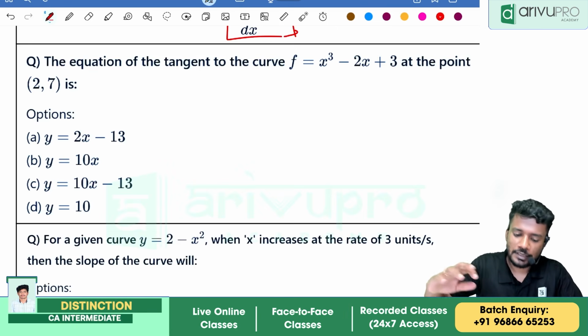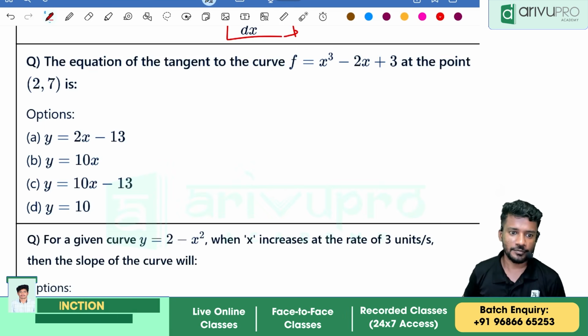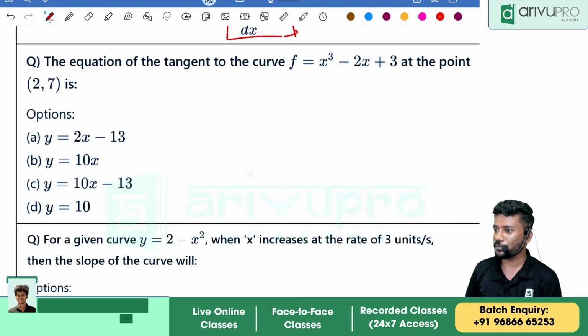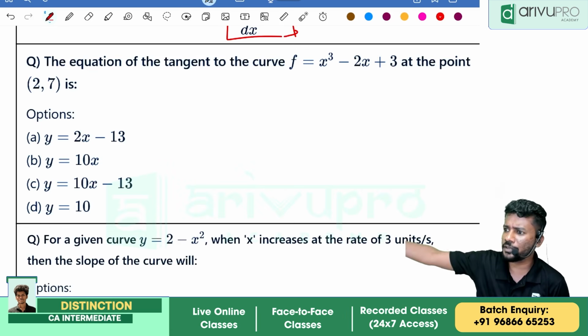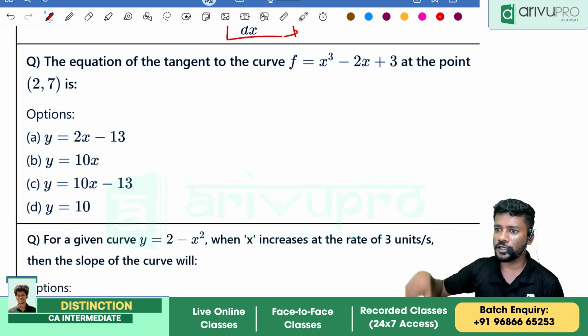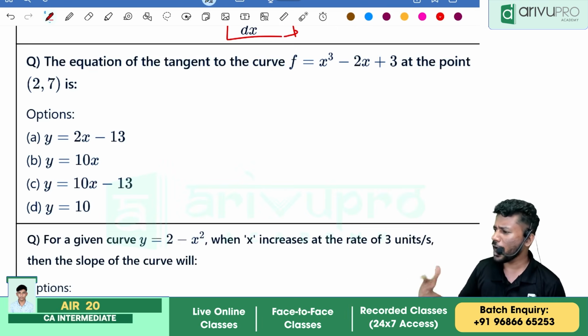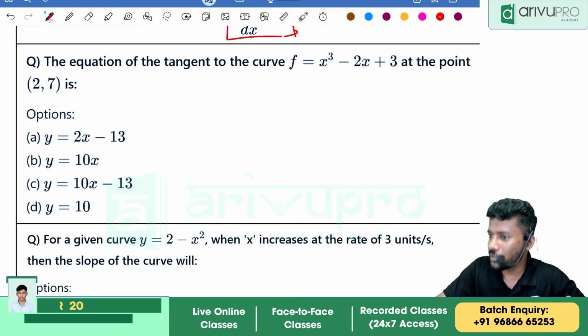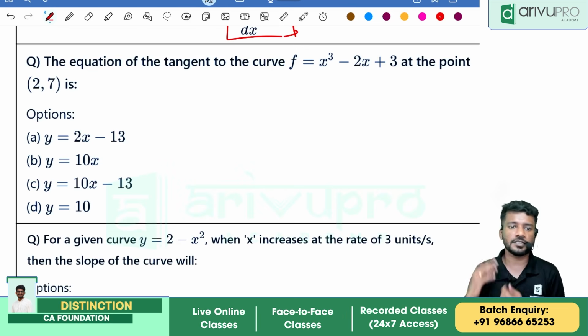I came to those tricks by interacting with students only. Some students will ask some doubt. Then I will think that I can do it this way, right? Then we will take some random questions, even complex ones, and check whether it is working out. That means the trick is going to work everywhere. That's how some tricks you have not seen anywhere came about. That will only happen with interaction.